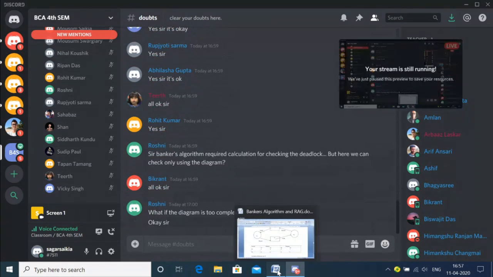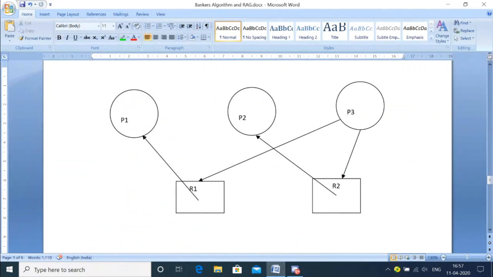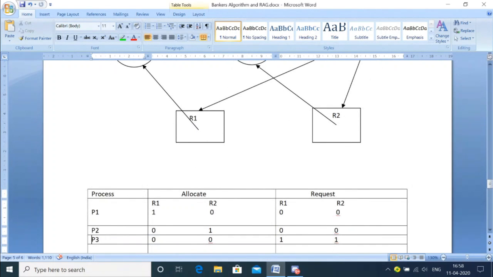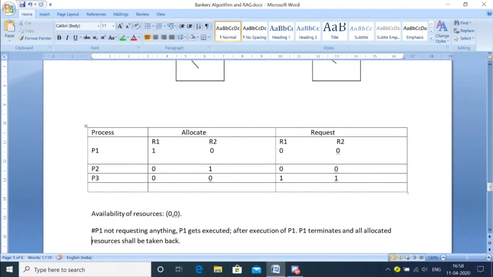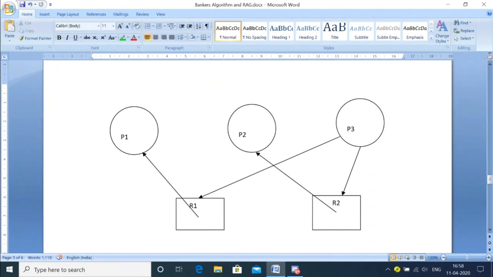Okay. So let us see one more case. Something like this. I forgot to write assign and request, so you people can know. So let us see what we have. Look here, this is a little bit different from the above one.